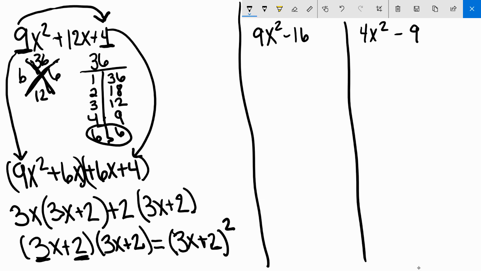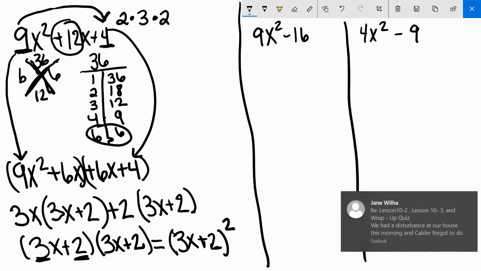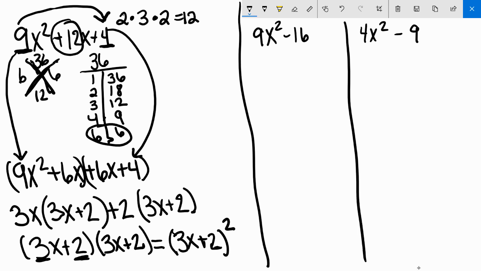And then this middle term, 12, is 2 times, well, 9 was 3 squared, so I use 3, and then 4 was 2 squared, so we're going to use the 2. So 2 times 3 is 6, times 2 is 12. And it matches this middle number.